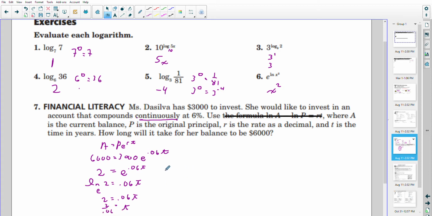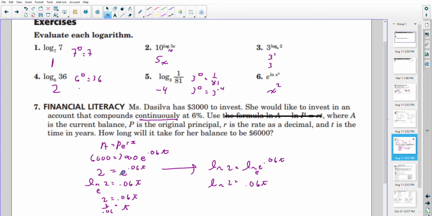The other way you could think about that is taking the ln of both sides, and if you did that, you would get something like this, and therefore ln of 2 is equal to, this is where you're really doing the inverses again, so you end up with the exponent, which is 0.06t, and you can see that that's going to be the same thing as this step here.